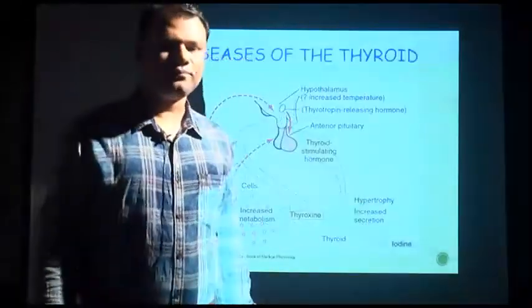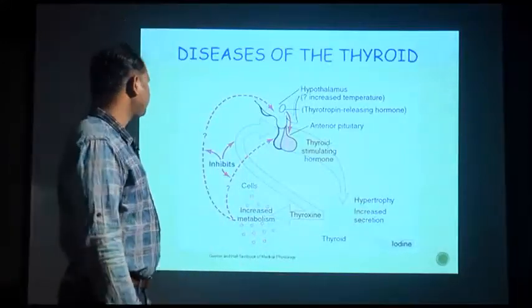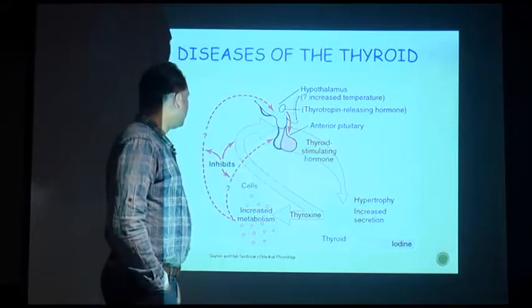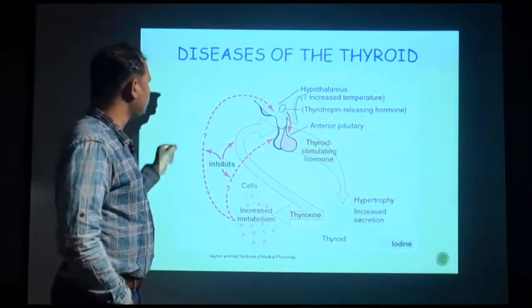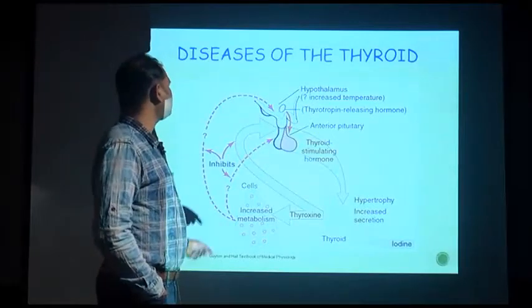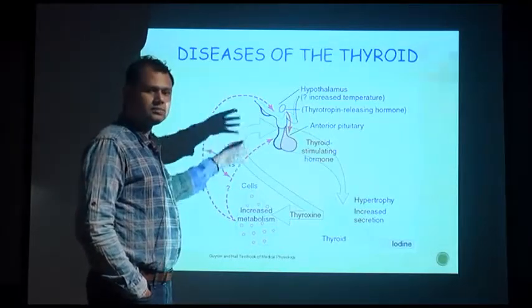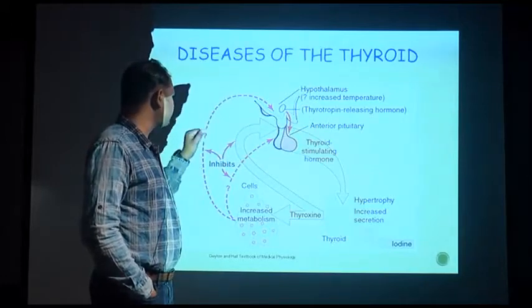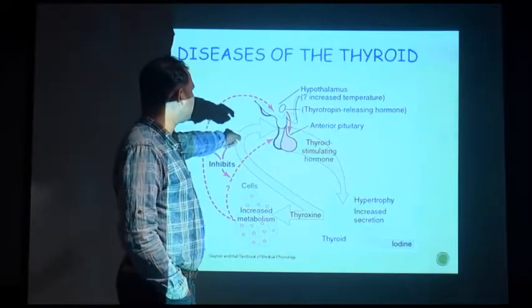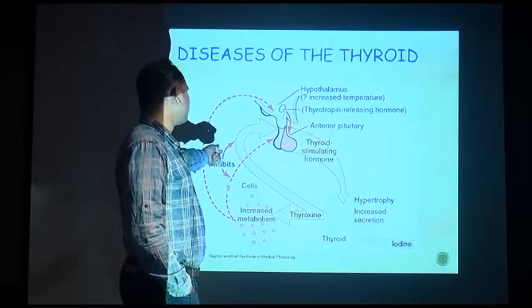Now, let us see diseases of the thyroid. Now, coming from the posterior pituitary to the thyroid. This diagram I have shown you is to give you a brief revision about how our endocrine system acts, or what the different portions of the major endocrine glands are. See here, you can see your hypothalamus, then attached are your anterior pituitary and posterior pituitary.